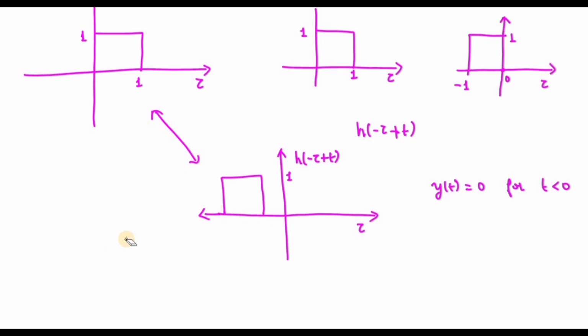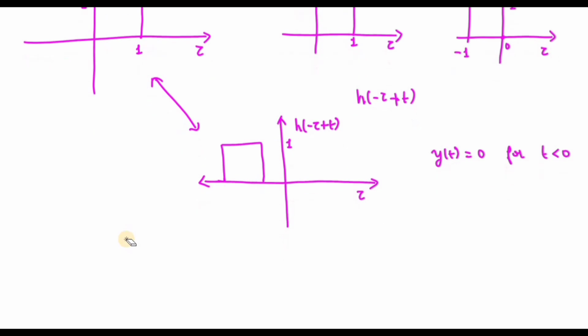So now, this is my x of tau value. It ranges from 0 to 1 and the magnitude is 1. Now I'm going to intersect it with this one, which is my h of t minus tau.